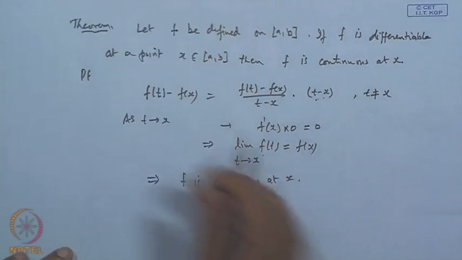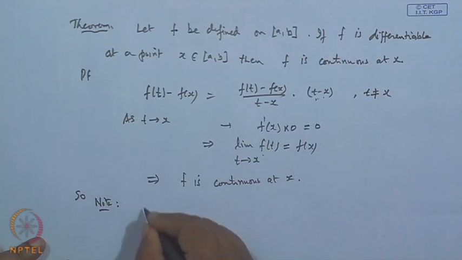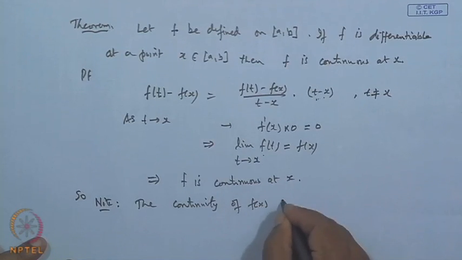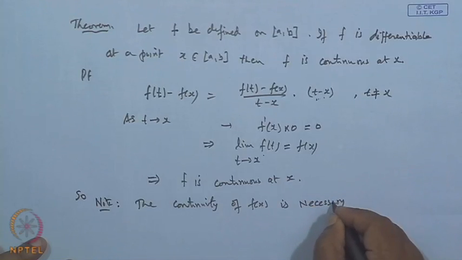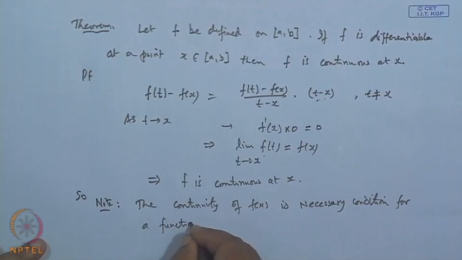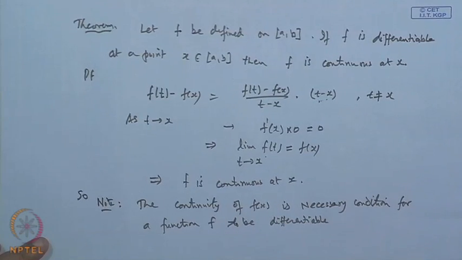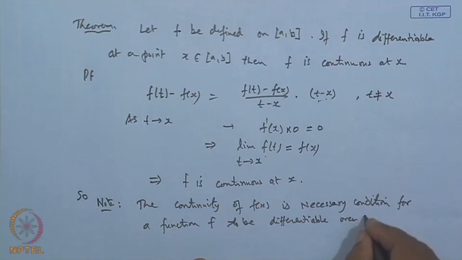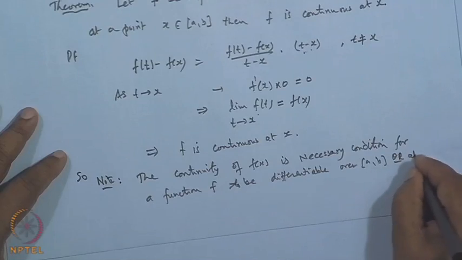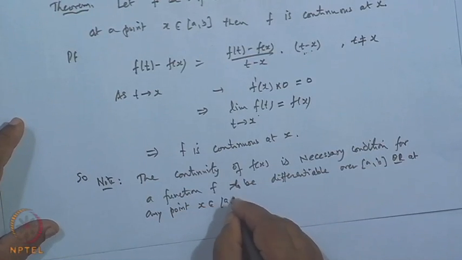Then we look at the converse of this. So, as a remark or note, the continuity of the function f x is a necessary condition for a function f to be differentiable over a b, or at any point x belonging to a b.